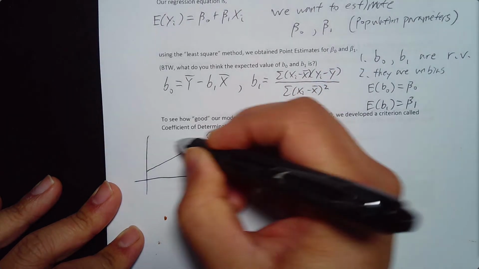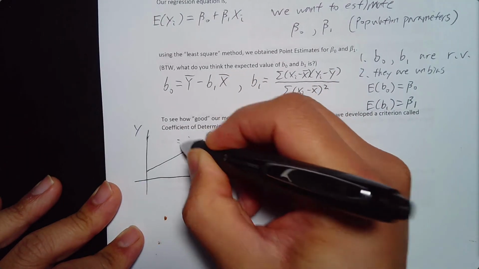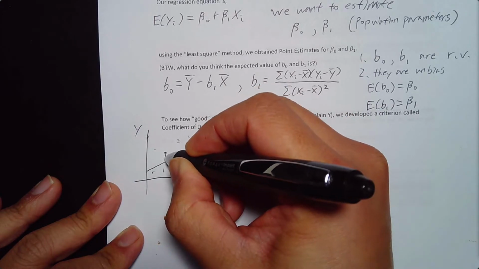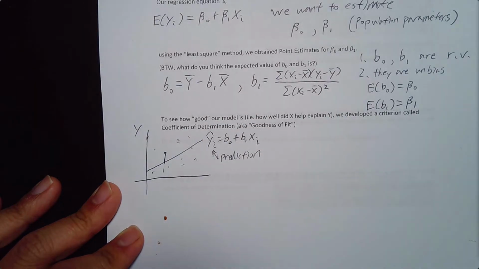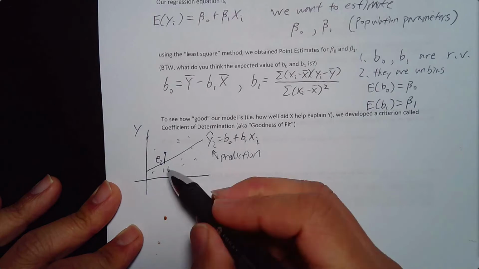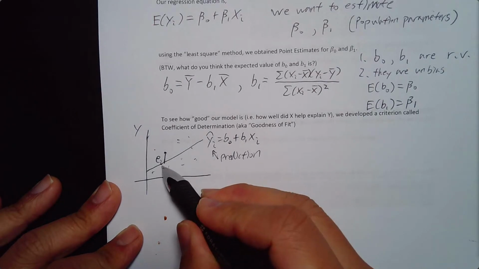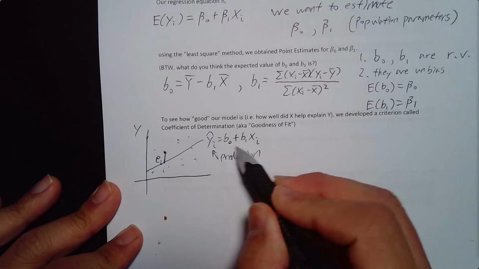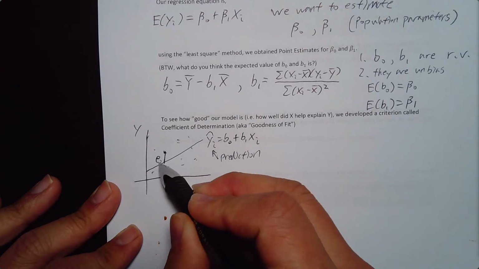And then we still have our observation, these are our sample. And this is basically our prediction error, our notation we use is ei. So we're able to explain part of this observation with this equation, but there are still parts that we did not explain.